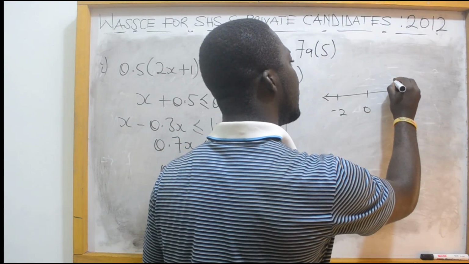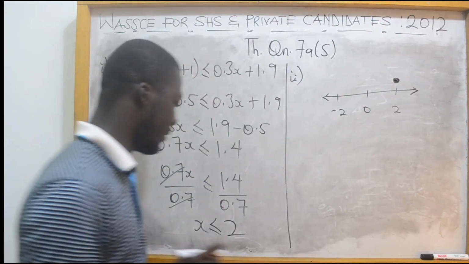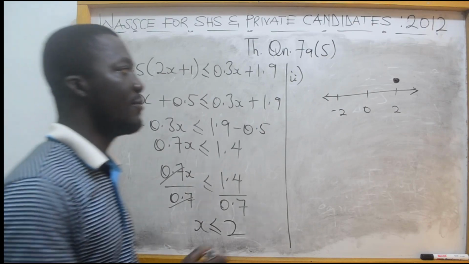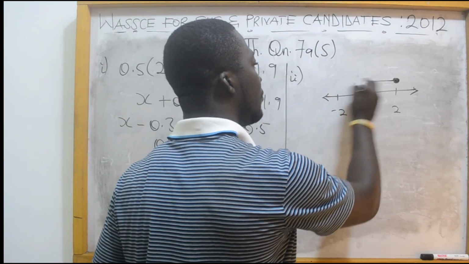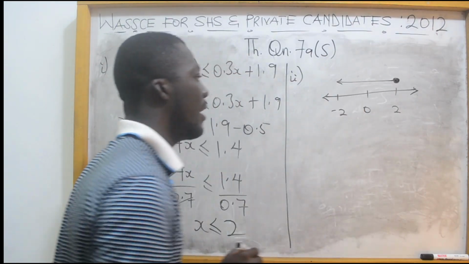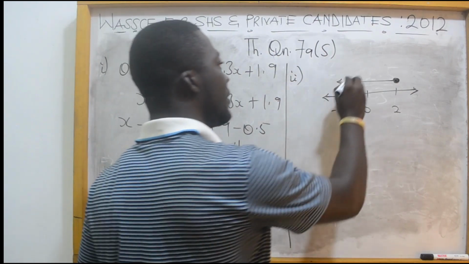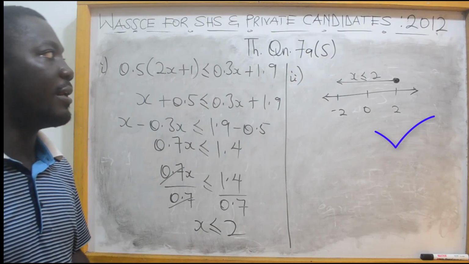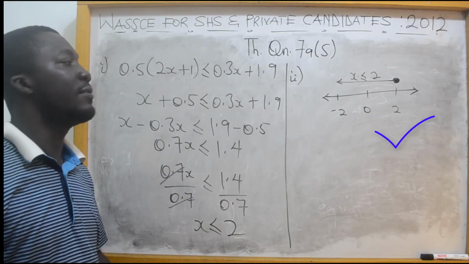And since it is less or equal to, we shade it. We say that the values of x are less, so it will point to the left hand side. So this one represents x is less or equal to 2. And that will be the solution for the question.